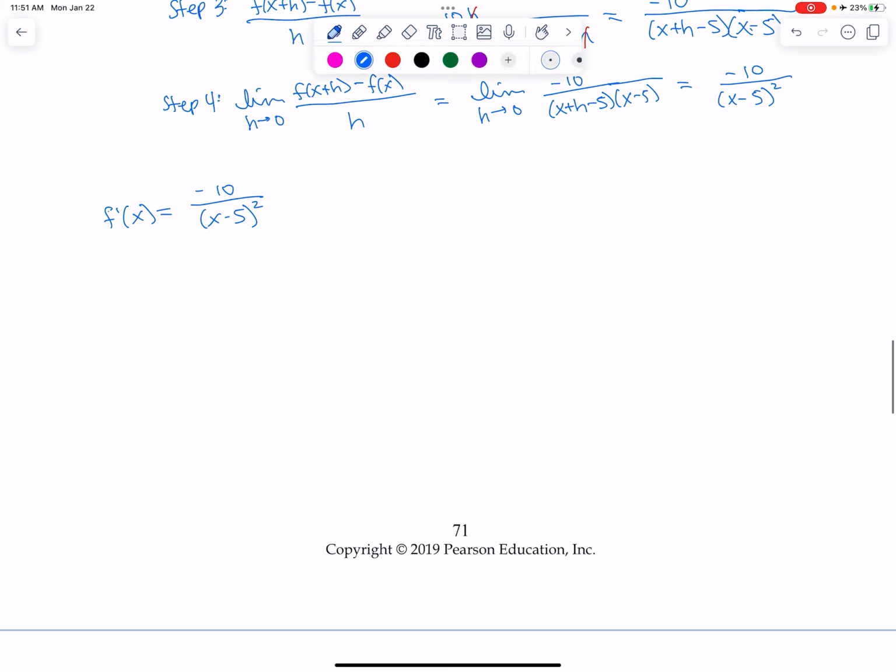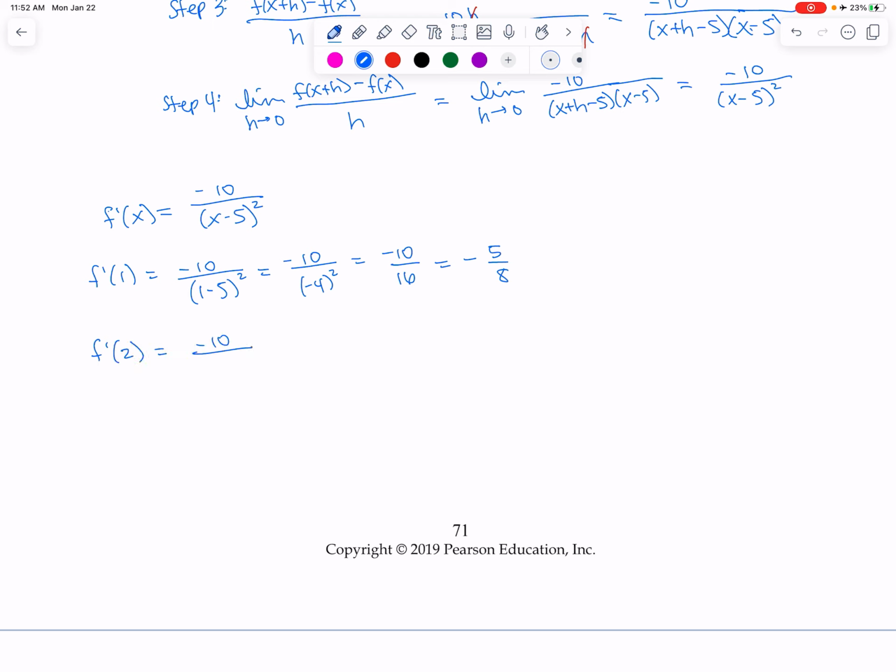Now let's plug in. f prime of 1, negative 10 over (1 − 5) squared. So we've got negative 4 squared, negative 10 over 16, we can reduce to negative 5 over 8. f prime of 2, negative 10 over (2 − 5) squared.